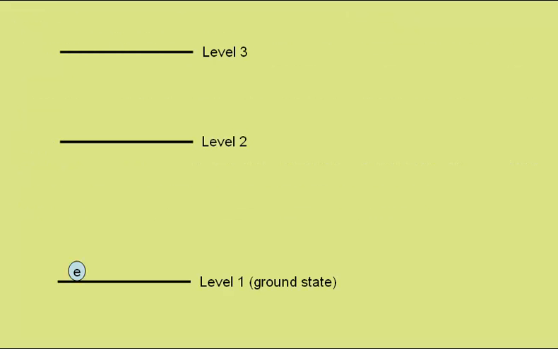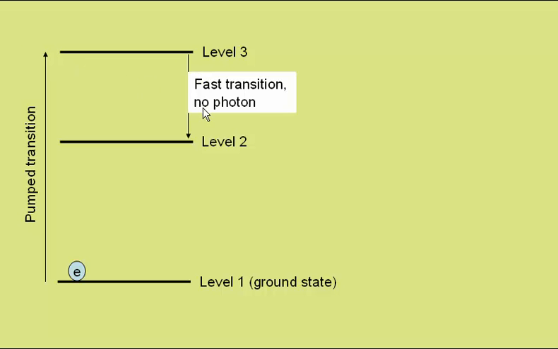So here we have 3 energy levels, level 1, level 2 and level 3. The pumped transition takes electrons from level 1, the ground state, right up to level 3. But they will quickly drop down here. This involves no photon, but will involve some heating. There will then be a delay before they drop down here, releasing the photon.